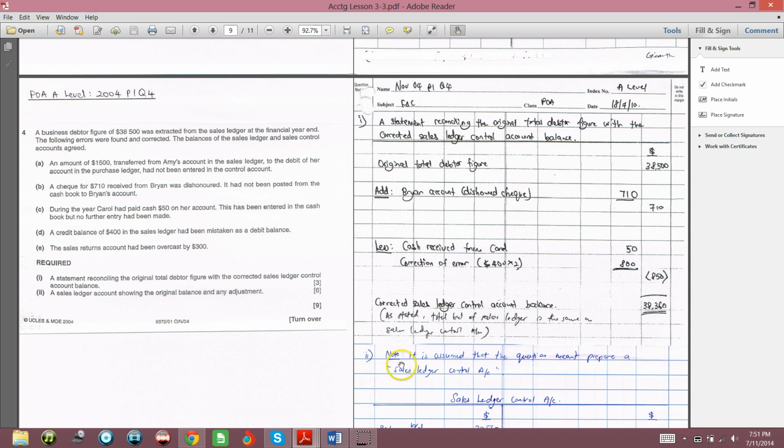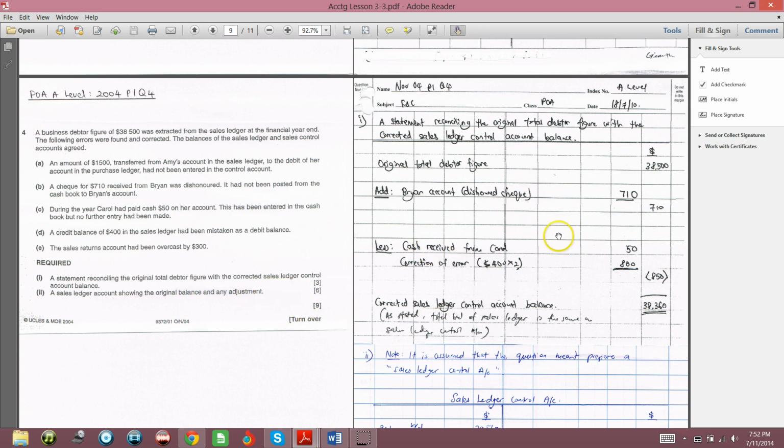So that's why I put here number 2. It is assumed that the question meant prepare a sales ledger control account, because if they meant the total of the individual sales ledger, original balance and any adjustment, then it will be exactly the same as part 1, and there is a repetition. But I don't think so.